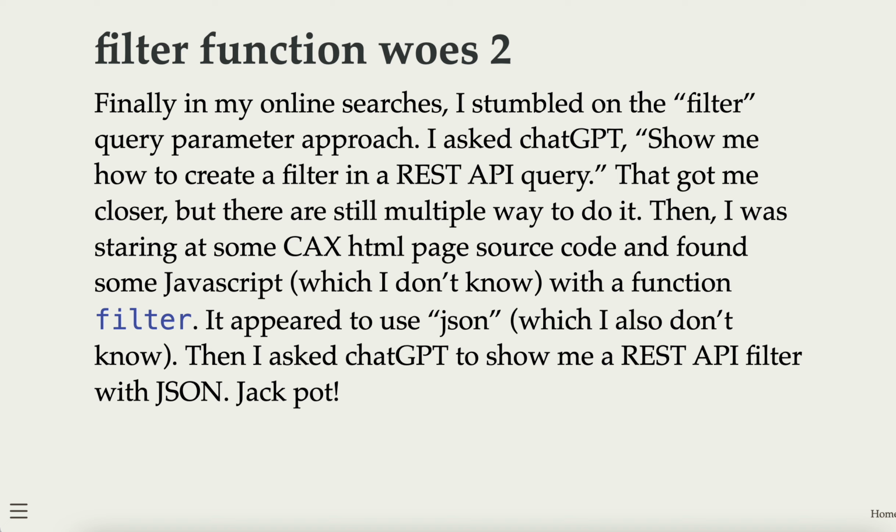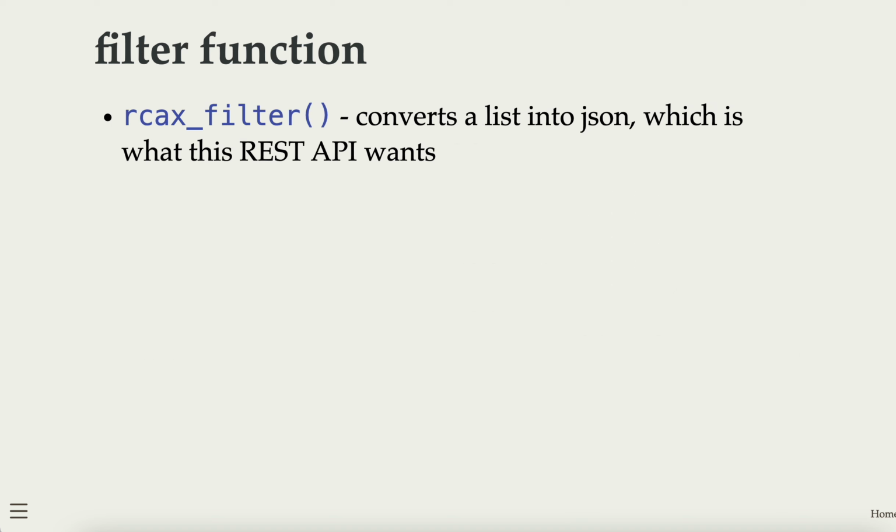And it turned out that the really obvious things that were being suggested to me, like pop ID :1 or pop ID equals 1, none of those things worked. I just stumbled by luck onto figuring out that what this REST API wanted was JSON. Once I had that, I could figure it out.